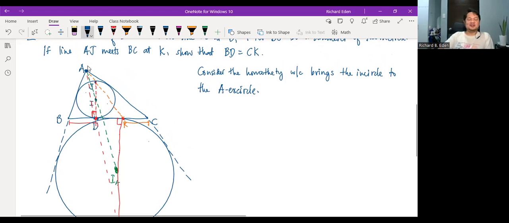So kasi ganito, gawin lang natin, halimbawa, nung I, na-draw na natin, no? Tapos i-drawing natin tong vertical diameter. And then now you have J. And then project J to where it meets BC, it would have to be point K. And then itong point K na to, from what we've done, K is necessarily an X touch point.